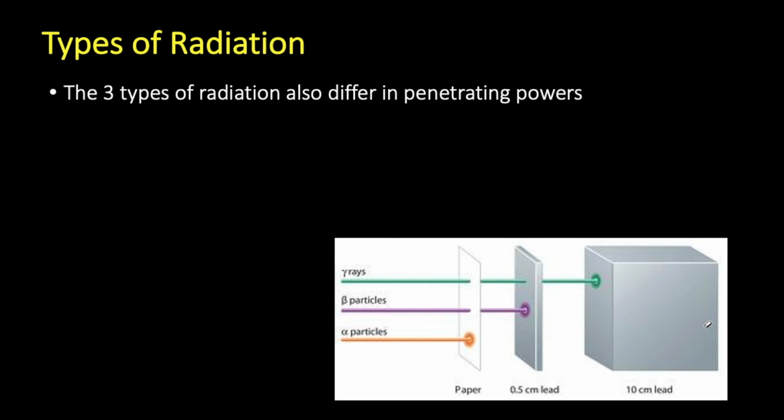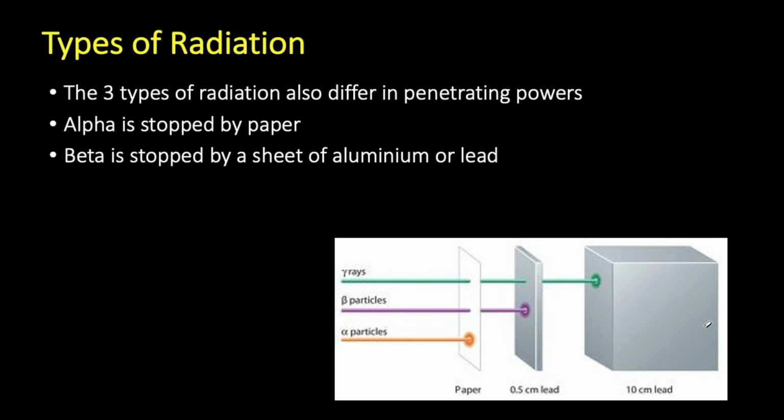Now the three types of radiation also differ in something called penetrating power. Alpha particles can be stopped by paper. If you thought there were alpha particles coming towards you, hold up your jotter. Stopped. Can't get to you. Beta particles are stopped by a sheet of aluminium or lead. You can hold up a bit of aluminium foil and beta particle cannot pass through.